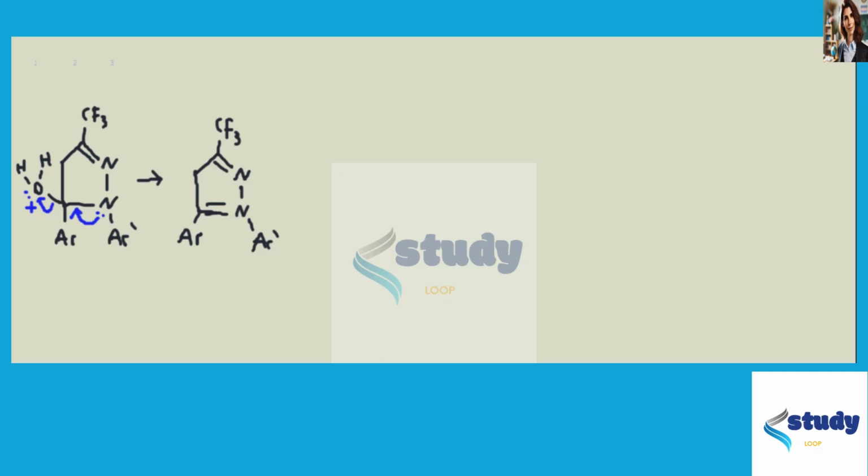And then the final step is going to be deprotonation here to get the double bond in the final position that the double bond is going to be in. And so we can use another equivalent of water to do that.